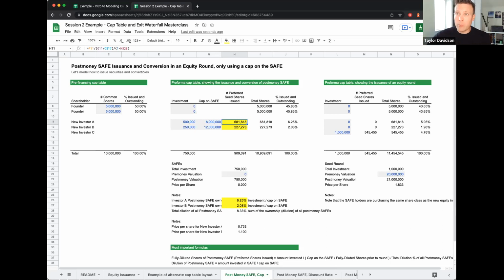Notice the formula is exactly the same for this other safe, except that it has a different kind of cap associated with it. So that's one example behind it. Does that help answer your question?